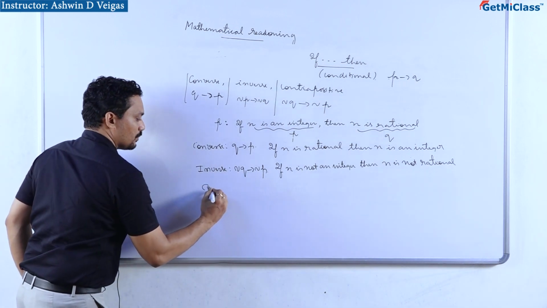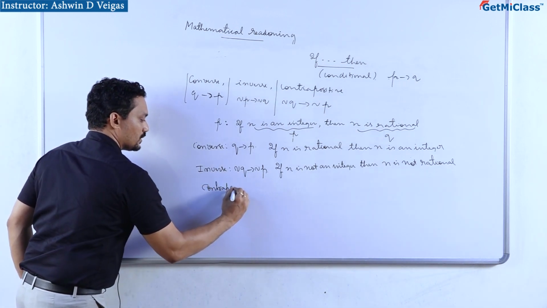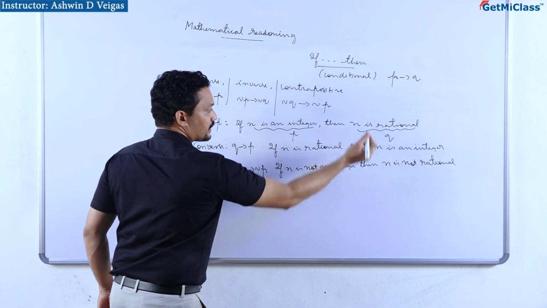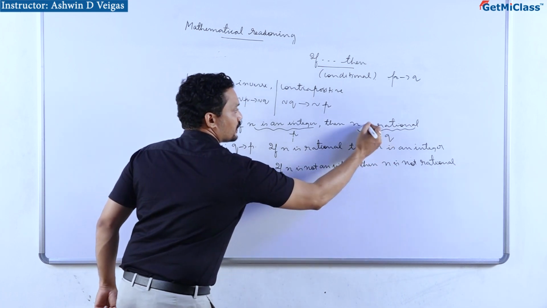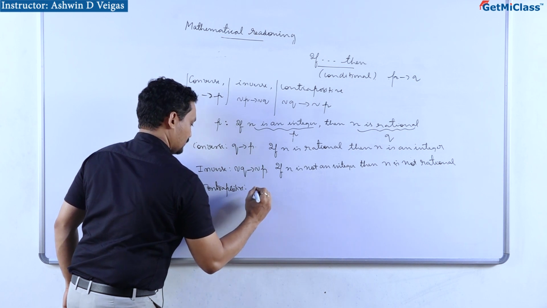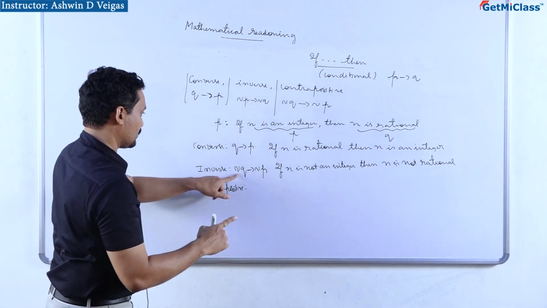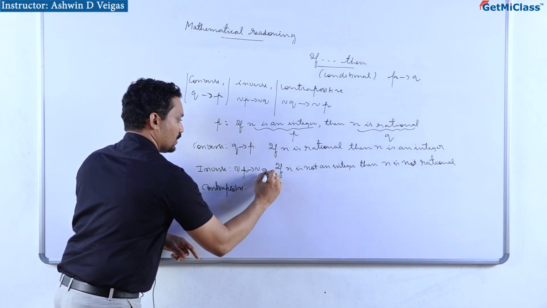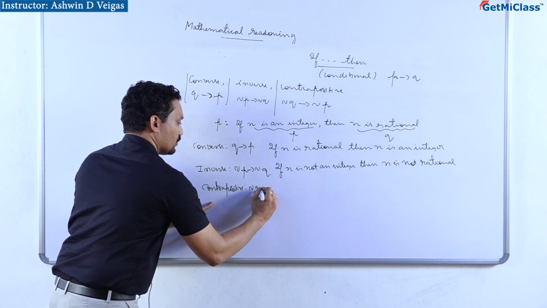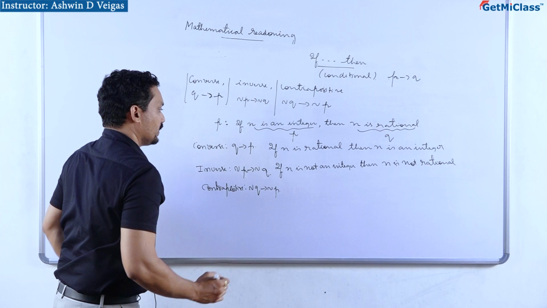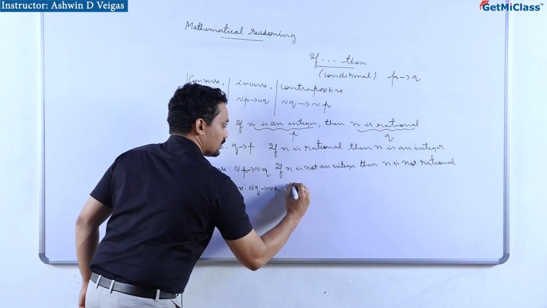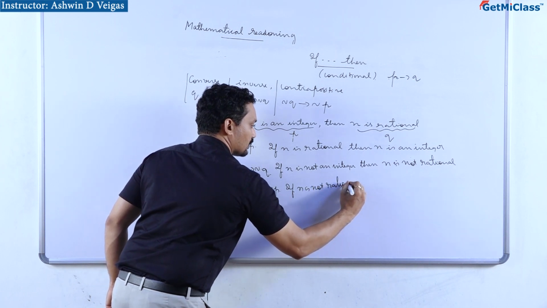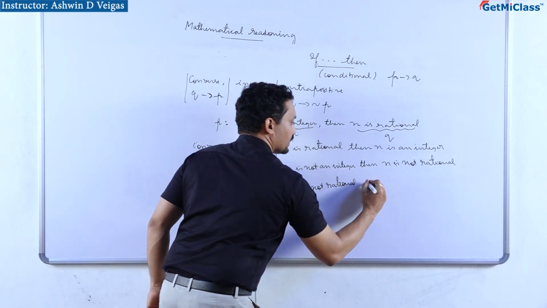And if you want the contrapositive, it is negation of Q then negation of P, or it is the converse of the inverse. Sorry, inverse is negation of P then negation of Q. Contrapositive is negation of Q then negation of P. So, if n is not rational, then n is not an integer.